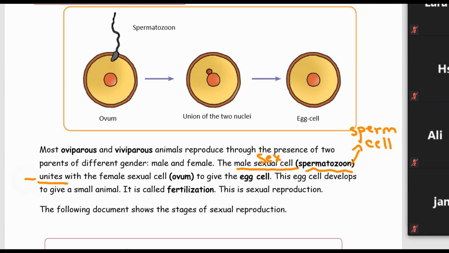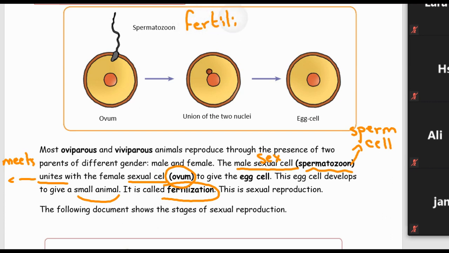It unites, it meets with the female sex cell, which is the ovum, to give the egg cell. This egg cell, as we said, will develop to give a small animal, because we are speaking here about animals. This union is called fertilization. So a new word is mentioned here.